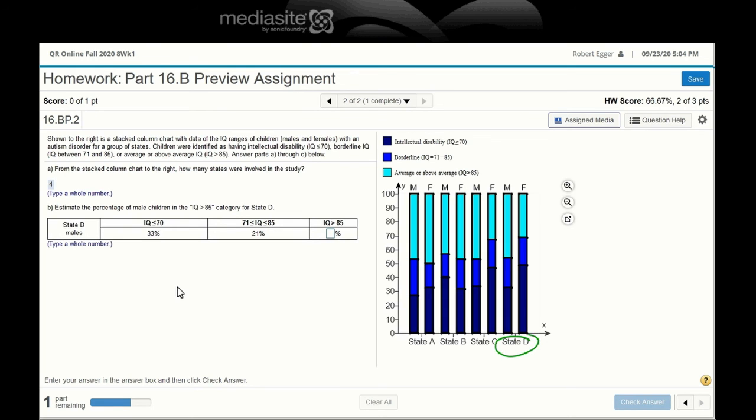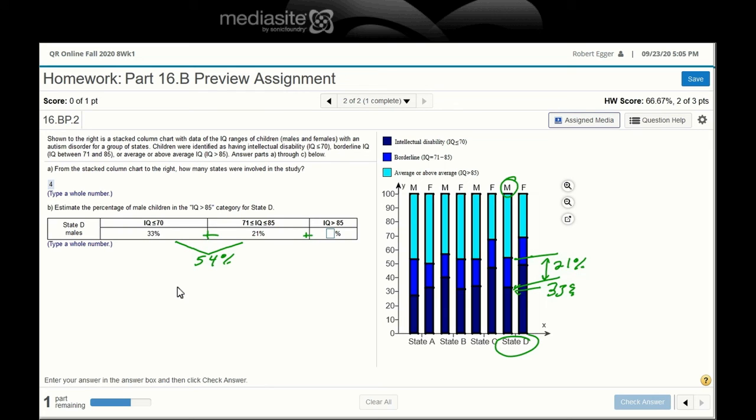All right. Estimate the percentage of male children in state D. Male. All right. So IQ less than 70, we're saying that is about 33%. They're saying that range is 21%. So these two combined is 33 and 21 is 54%.